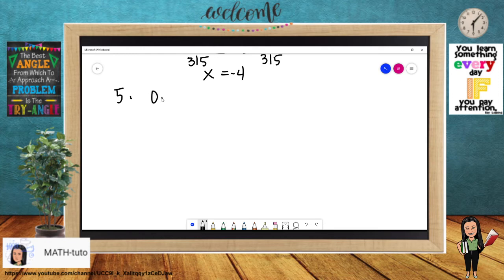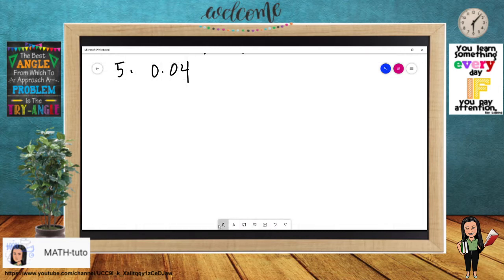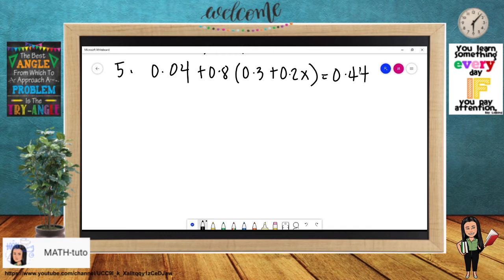Okay, 0.04 plus 0.8 times 0.3 plus 0.2x equal to 0.44. So, ang pinakamadami ay 2 decimal place.